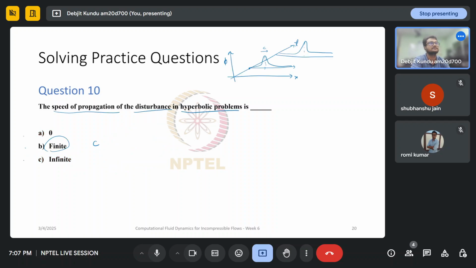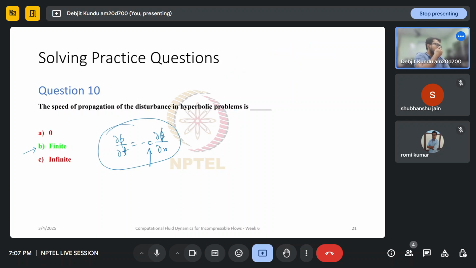So another thing is, hyperbolic problems have finite speed of propagation for disturbance. So what about parabolic and elliptic ones? What do you think? Tell me for parabolic.